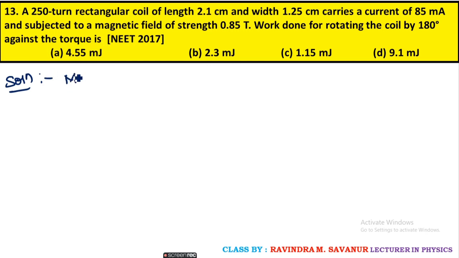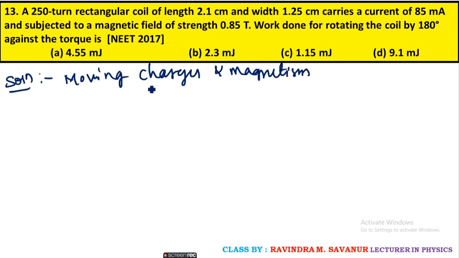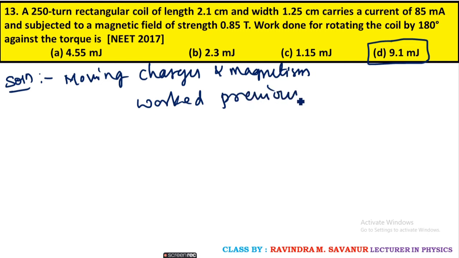This problem is from the chapter of moving charges and magnetism, students, and you already solved this one. You are going to get the answer 9.1 millijoule. This one was worked in the previous class. Just go through that solution.